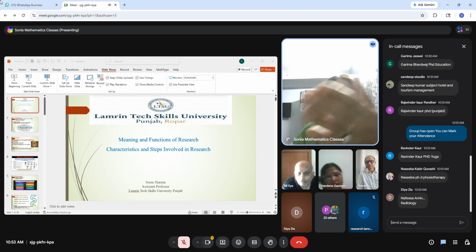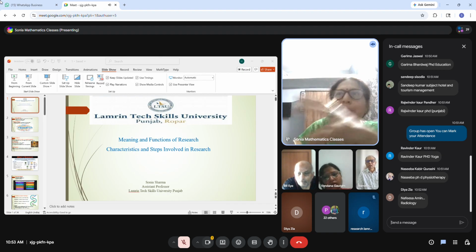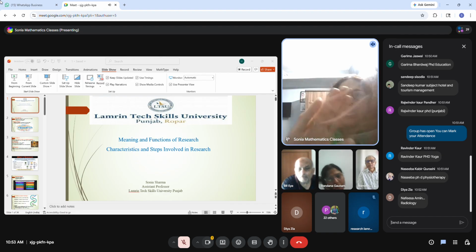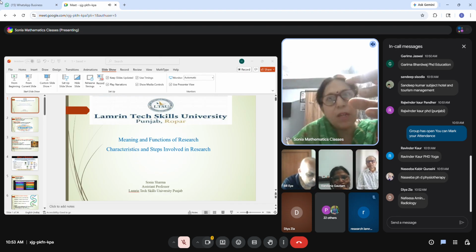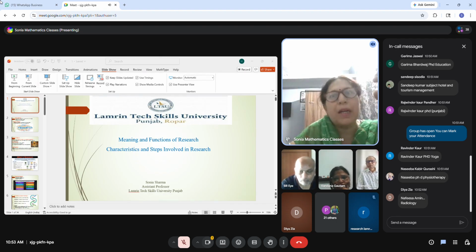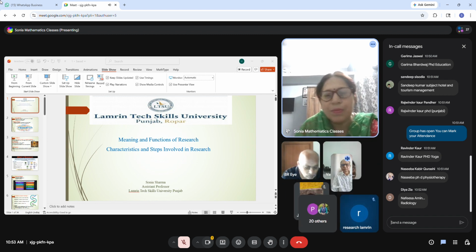So x and y are variables. If we find y is equal to 2 minus x, it means y depends upon x. So y is the dependent variable and x is the independent variable. When we change the value of x, the value of y also changes correspondingly. Understand?